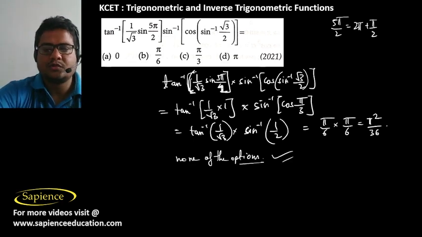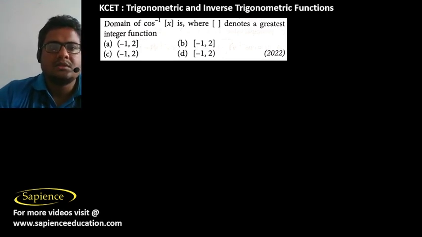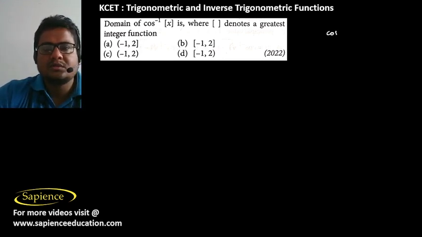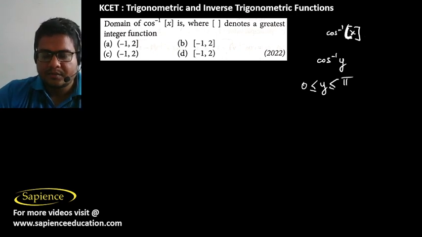Then in the next question it is told the domain of cos inverse of the bracket x. Now we know that cos inverse y should belong to 0 to pi, so y should be from 0 to pi.